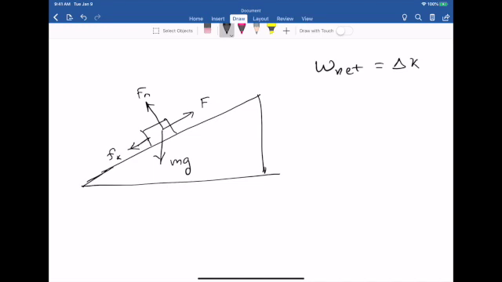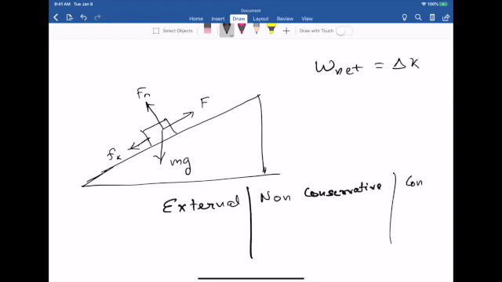What we're going to do now is classify the different forces acting on the system into a couple of different categories. So we are going to have external forces, non-conservative forces, and conservative forces.